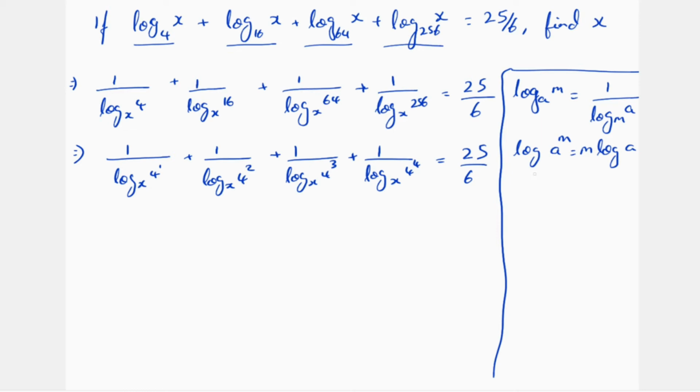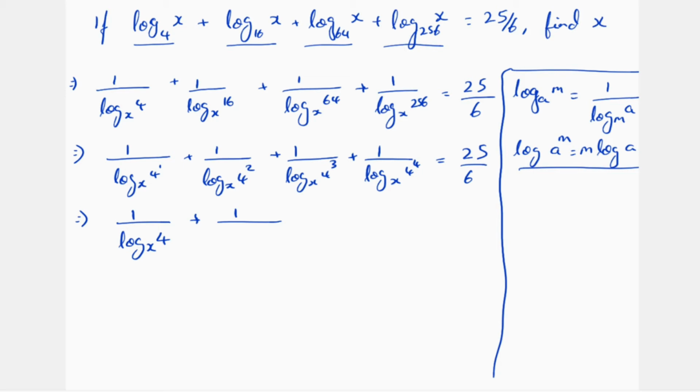Now applying this property that we saw, I'm going to be bringing the powers which are there for 4 to the front. Here I have 1, so I don't have to bring anything. Log 4 to the base x plus 1 upon 4 square is there in the log.